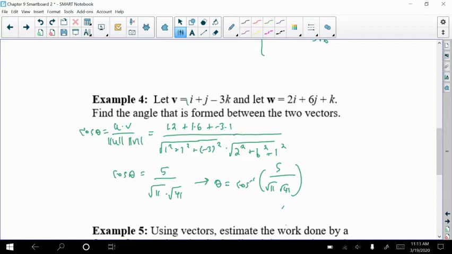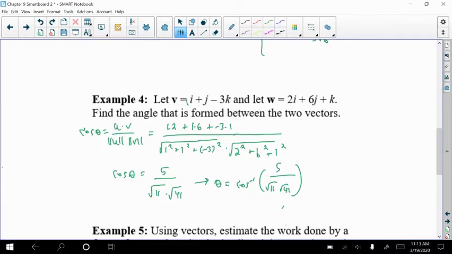I know that this is a positive ratio, so I already know it's going to be an acute angle. Again, I didn't learn from my first example; I should have typed these out before, but that's okay. So 5 divided by the product of the square root of 11 times the square root of 41.